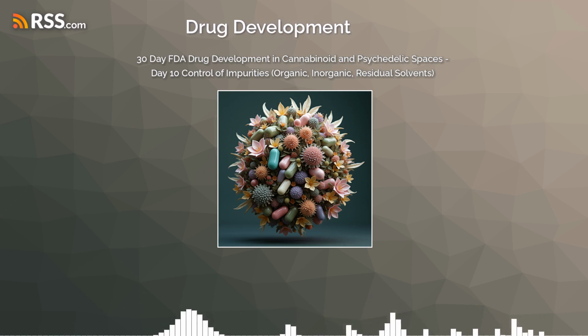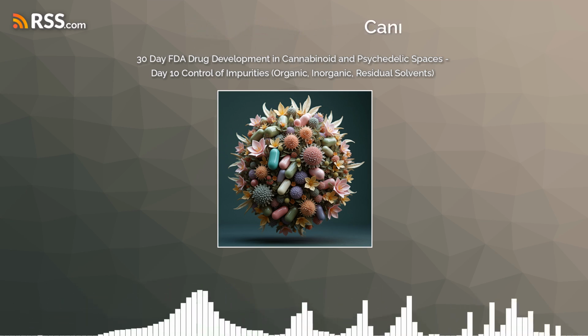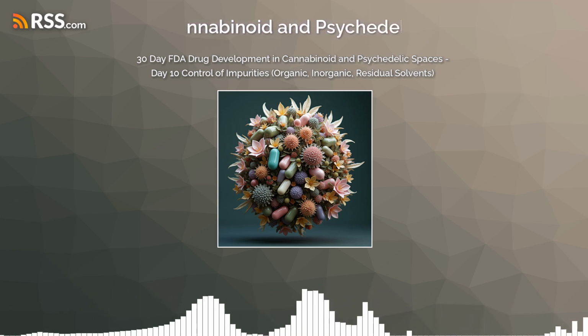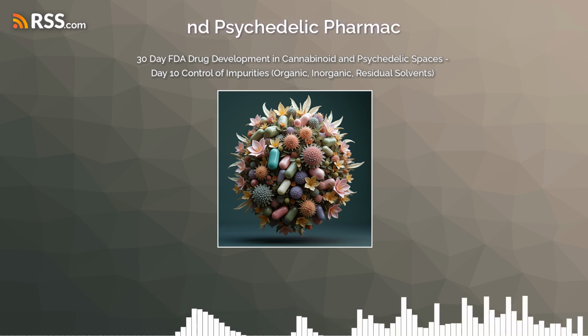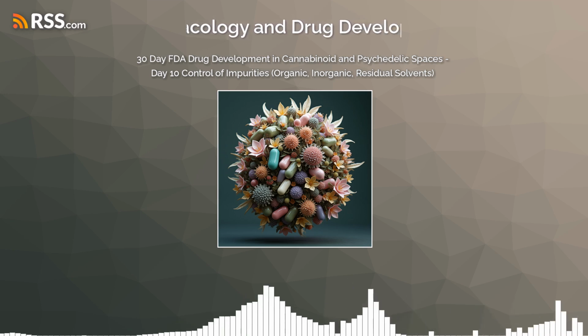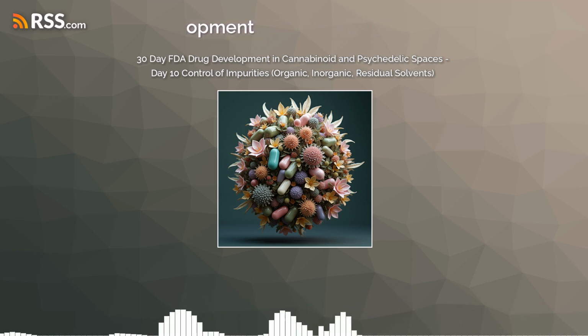That's really cool. So one thing we came across in our research is this concept of purge factors. What are those and why do we care about them? Purge factors are basically a way to measure how well a purification step gets rid of an impurity. Let's say, for example, you have a step in your process that removes 99% of a specific impurity.